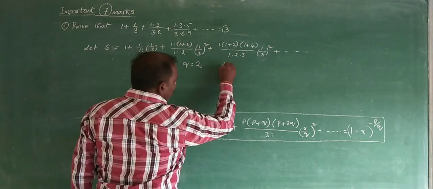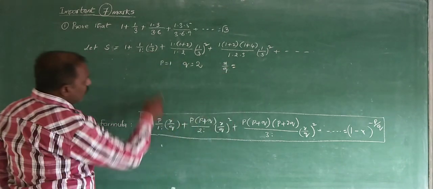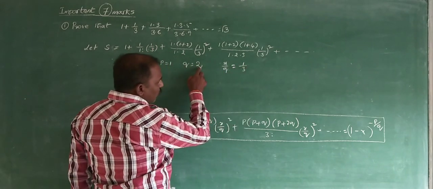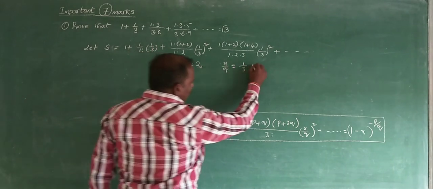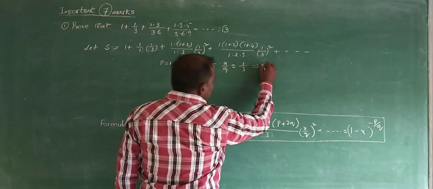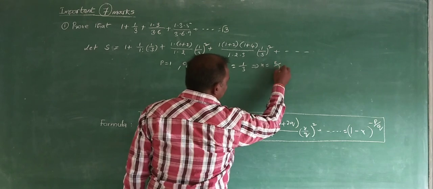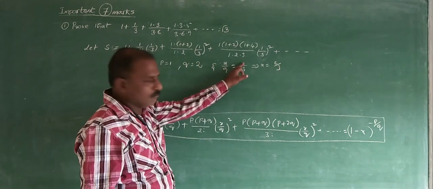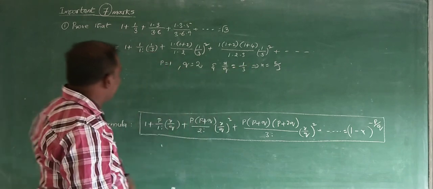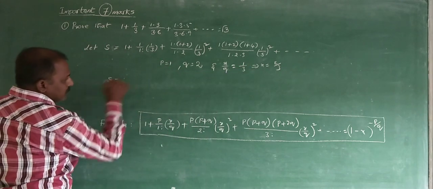What is x by q? When we compare, x by q is 1 by 3. What is q? 2. So what is x? This implies x is equal to 2 by 3. Okay, so I can write it like that.